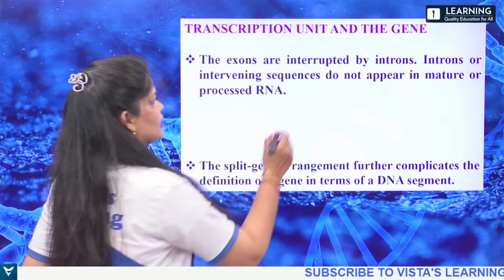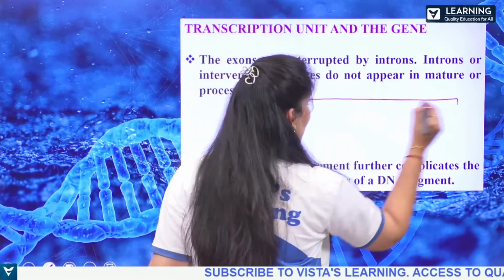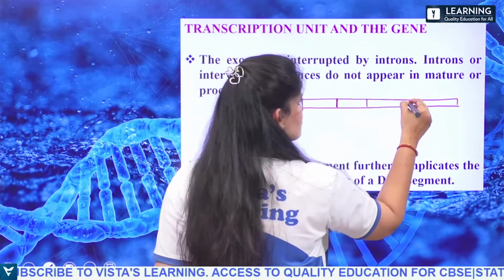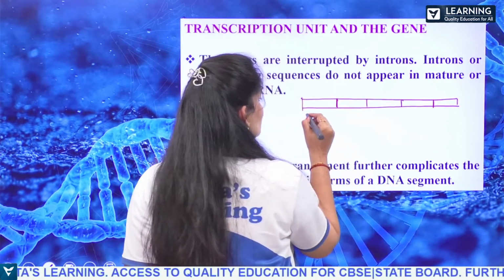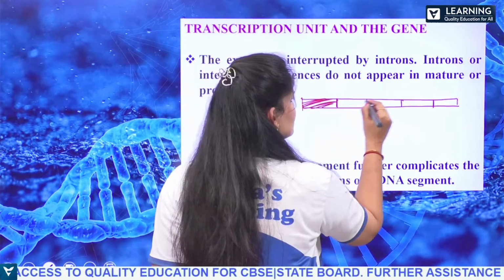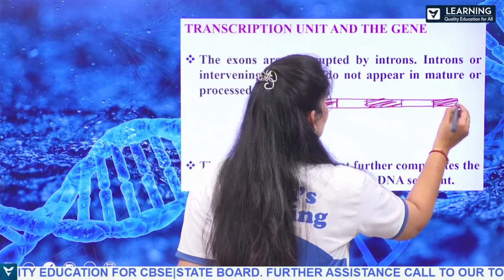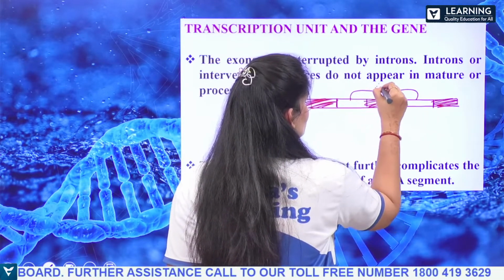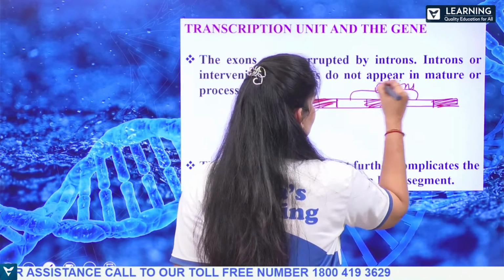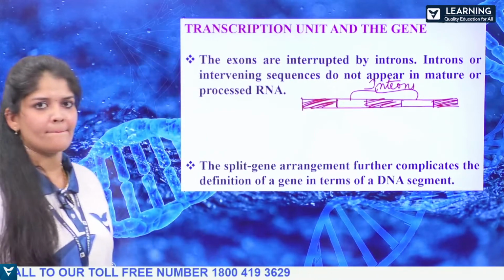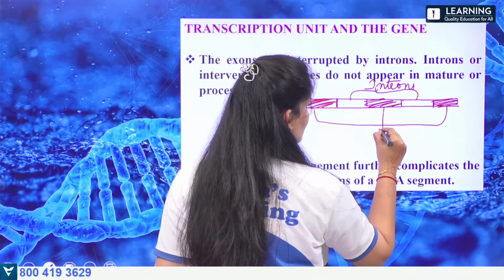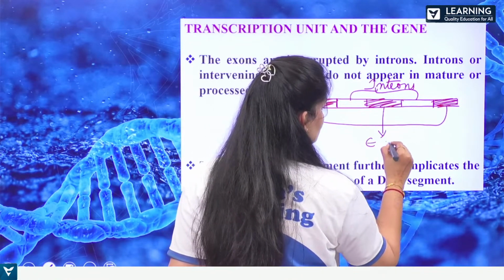Just now I have shown how the introns are going to be. So if you consider this is an exon, this is an exon, this is an exon. These are introns. We have introns here. And these are all exons.